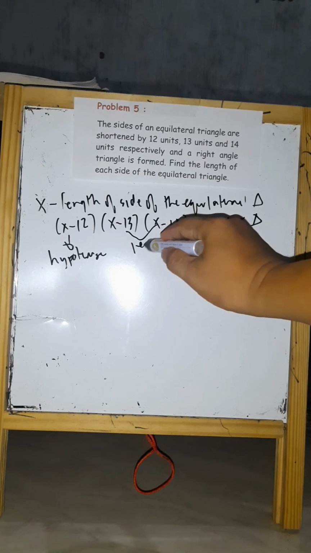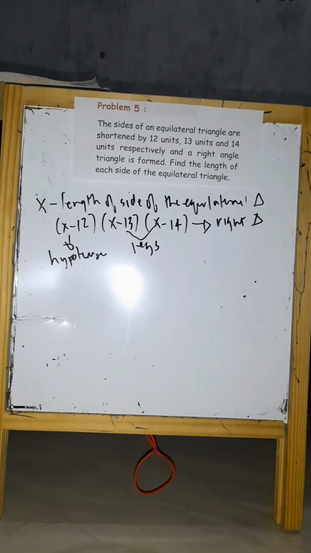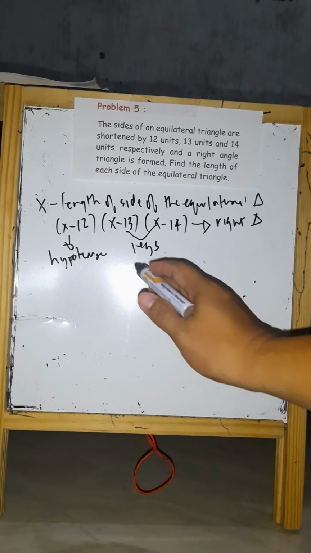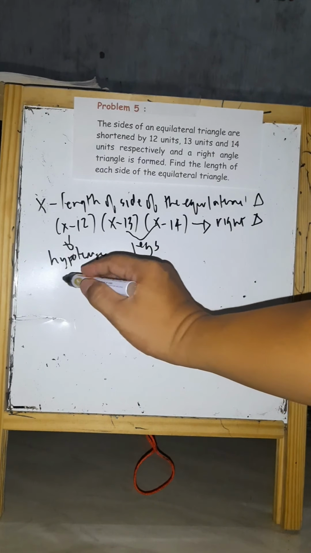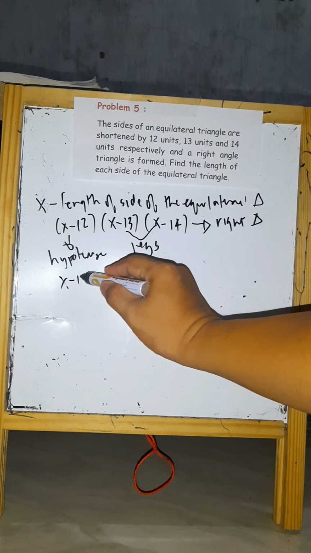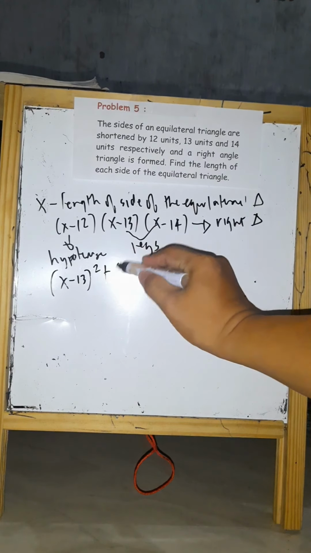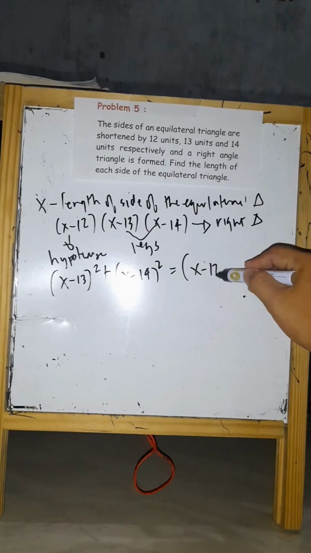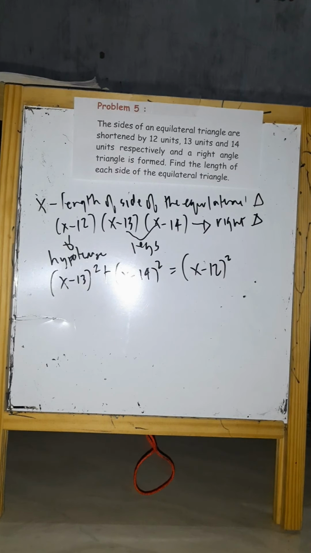So these two are the legs, x minus 13 and x minus 14. From here, we can solve for the value of x by the Pythagorean theorem, since these are the sides of a right triangle. So we have x minus 13 squared plus x minus 14 squared is equal to the quantity x minus 12 squared.